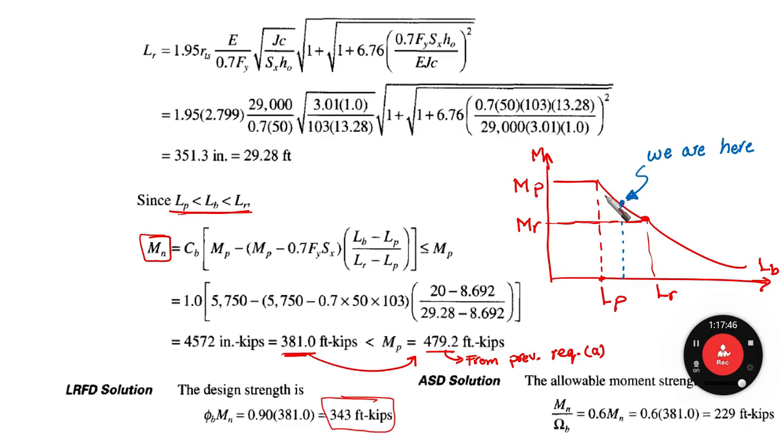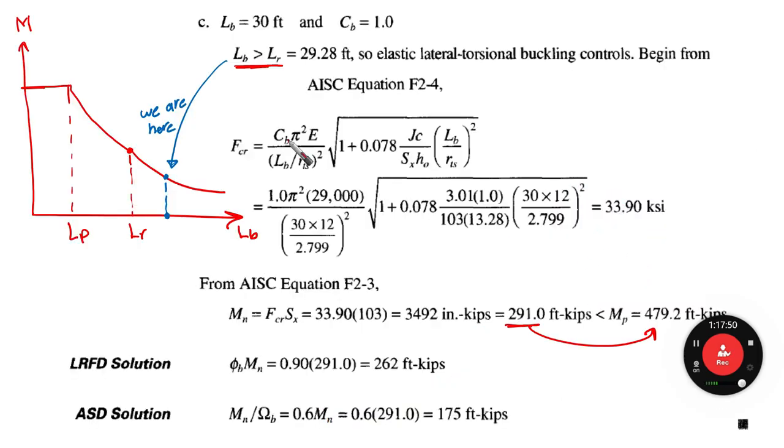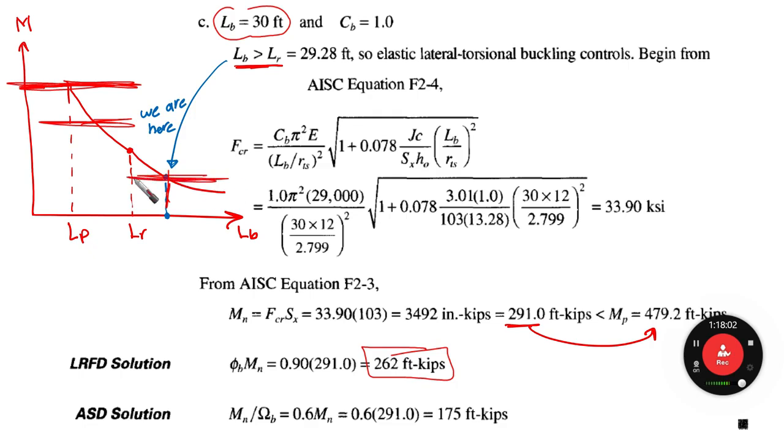We are here, not Mp, right? Less. And then the last case, when Lb equal to 30, we found that our LRFD is 262. So we were here in A, we were here in B, we are here in C.